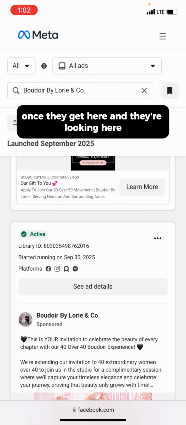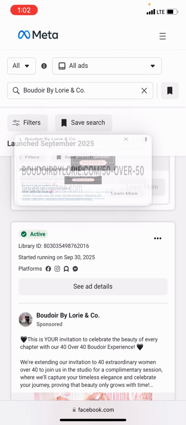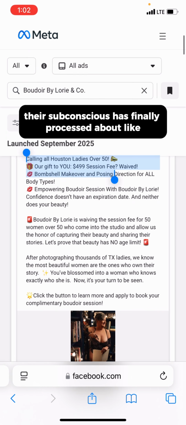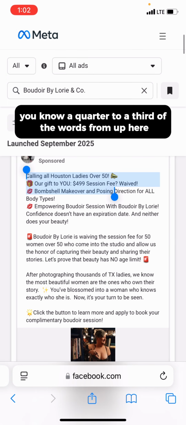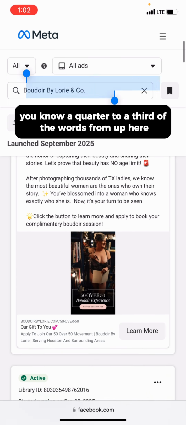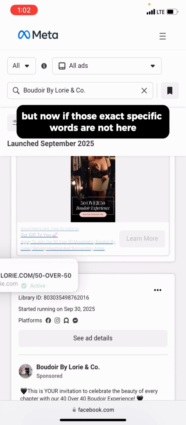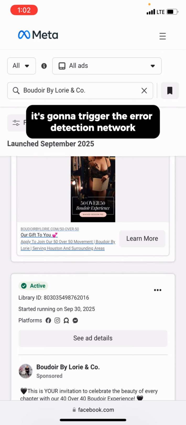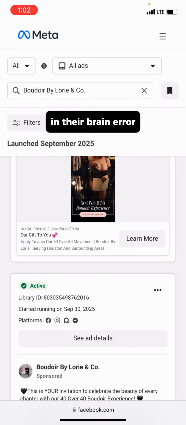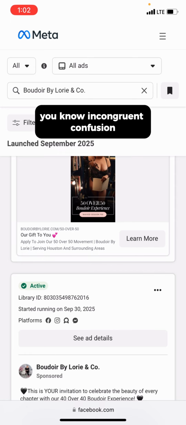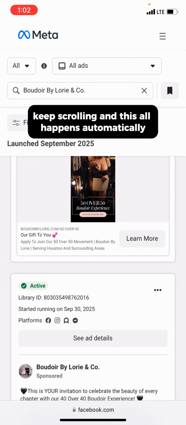Once they get here and they're looking at the text in the bottom left, their subconscious has finally processed about a quarter to a third of the words from up here. But if those exact specific words are not here, it's going to trigger the error detection network in their brain. Error, incongruent, confusion, keep scrolling. And this all happens automatically.